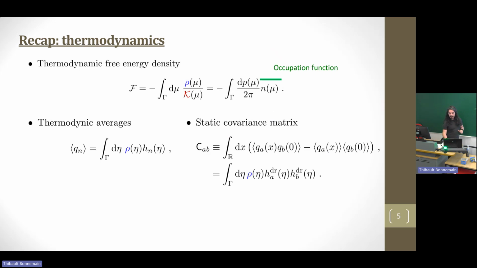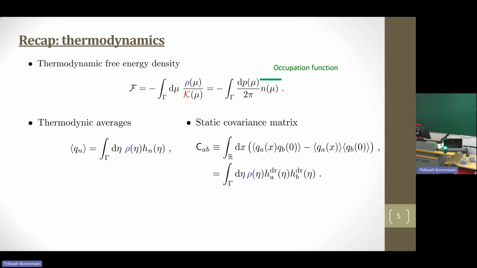So from this construction, last time I showed you how to derive the ensemble average of the charge densities. There is this very intuitive form. It's just the integration of h, which is the amount of a charge Qn carried by a single soliton, integrated over the density of states. And you can get this by differentiating F with respect to the Lagrange parameters associated with the conserved quantity.